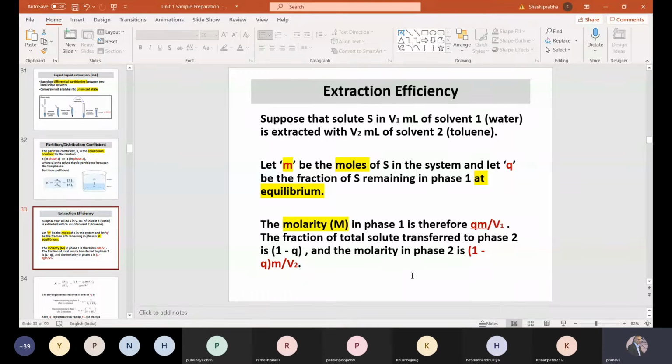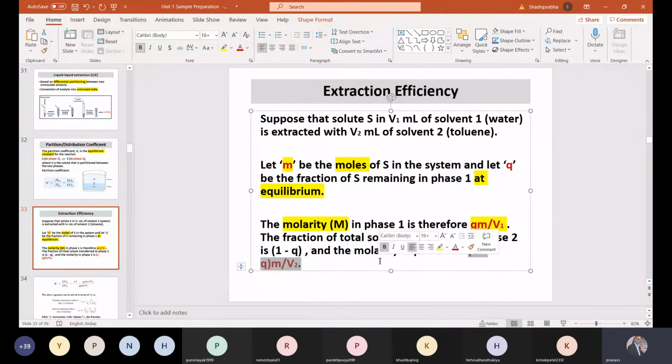And for the organic phase, the concentration would be (1 minus Q) times M divided by V2, which is the organic phase volume. So we have the concentration of solute in the aqueous phase is this, and in the organic phase it is this. This is what we finally derive from this understanding.